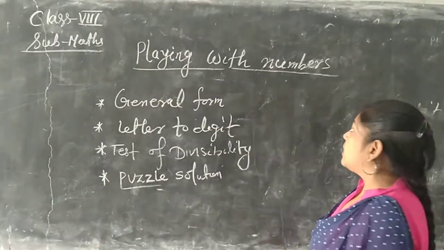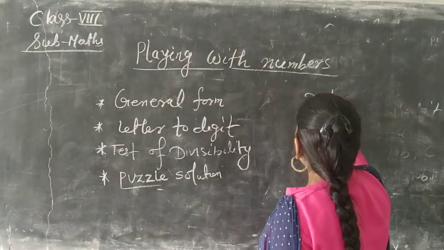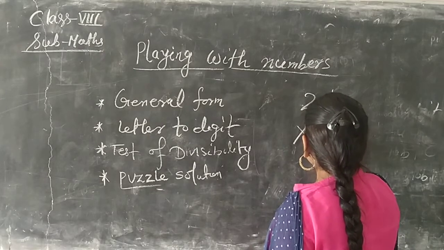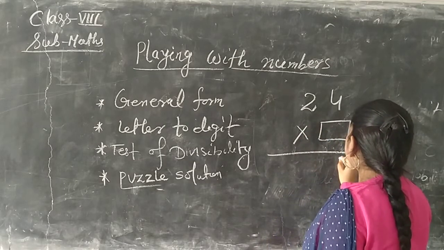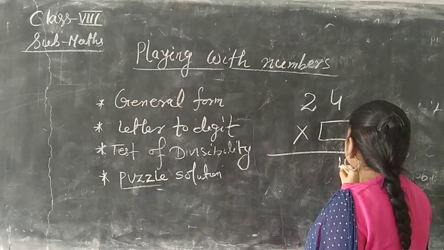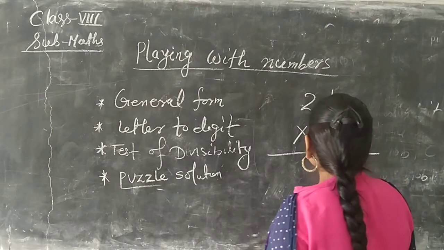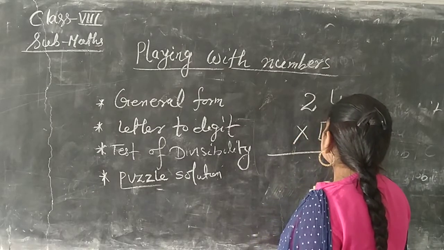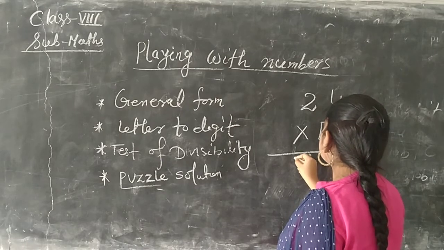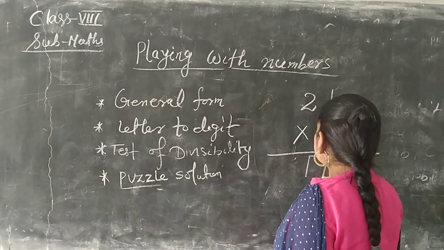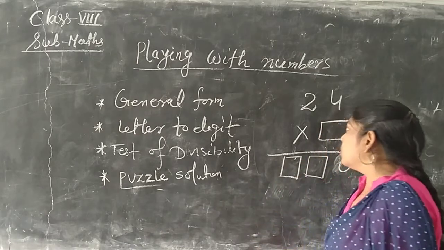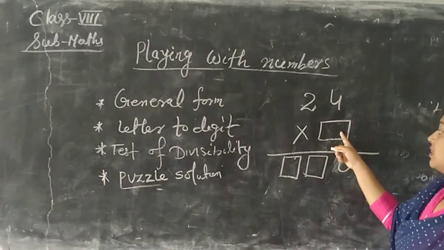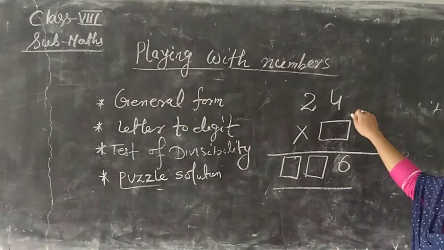For another example, we write 24. Look at this number: there is a digit not given, so this is called a missing digit.